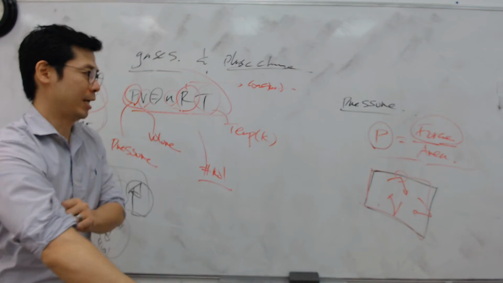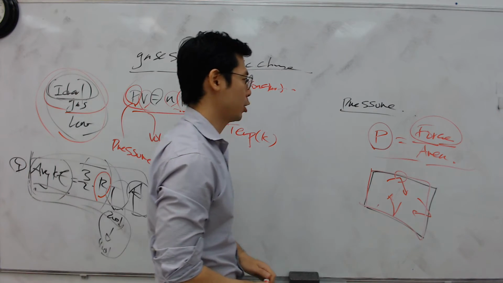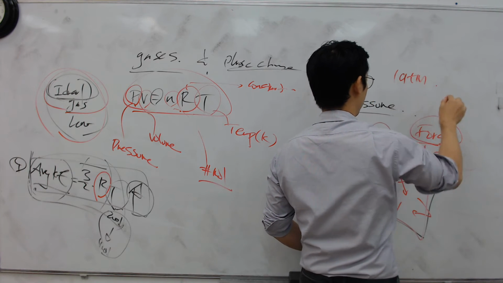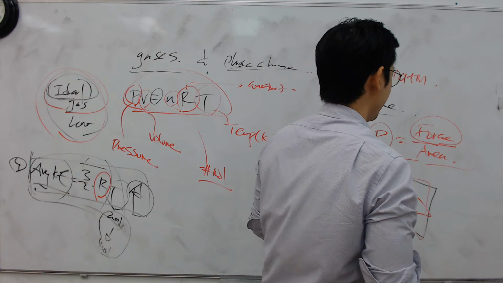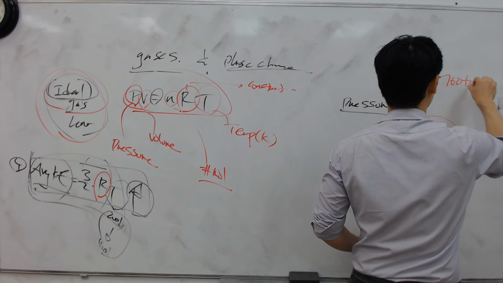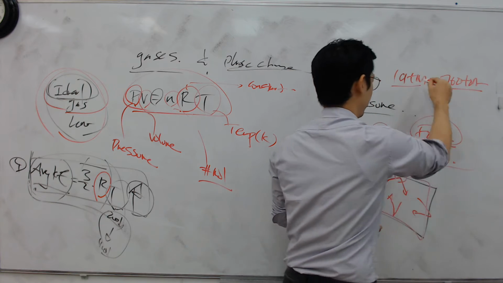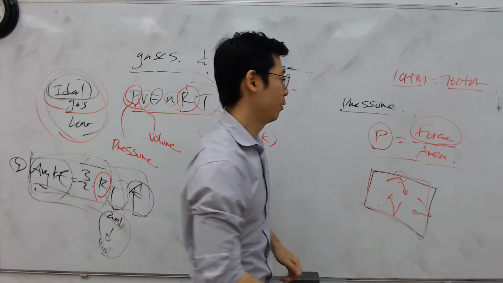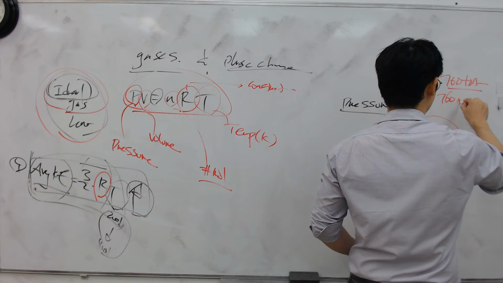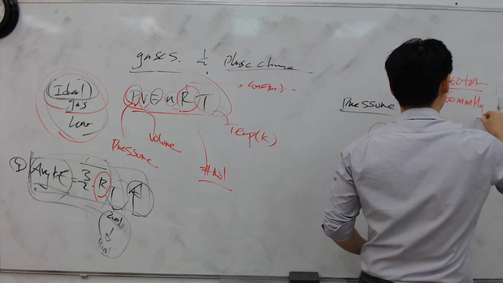So that's how the pressure works, guys, and pressure is measured with units of ATM, or torr. 1 ATM is equal to 760 torr. They're proportional. Sometimes they use 760 millimeters of mercury.